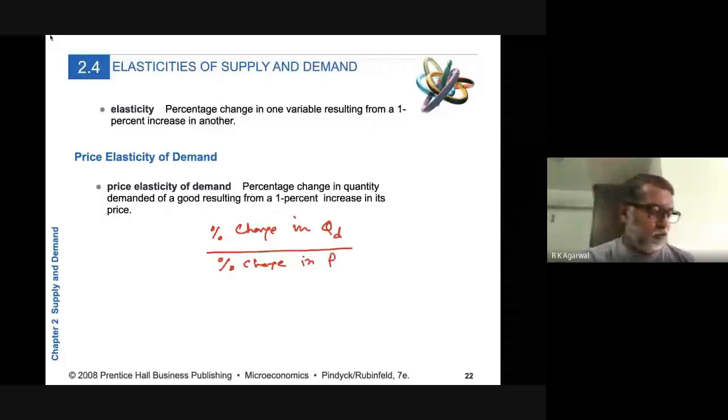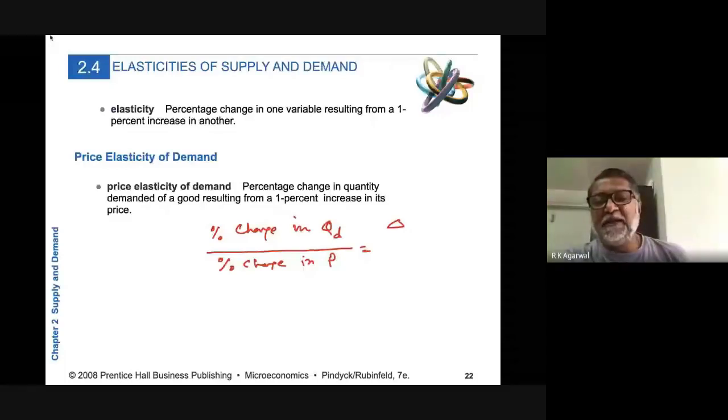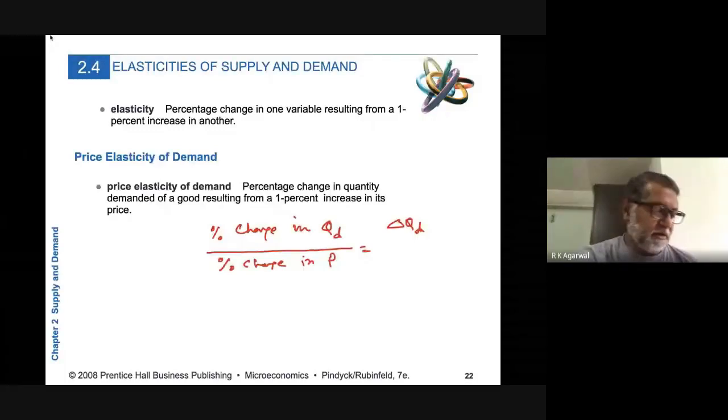How do we calculate percentage change in something? We first find the change in the quantity demanded, that is, delta QD, divided by the original quantity demanded.